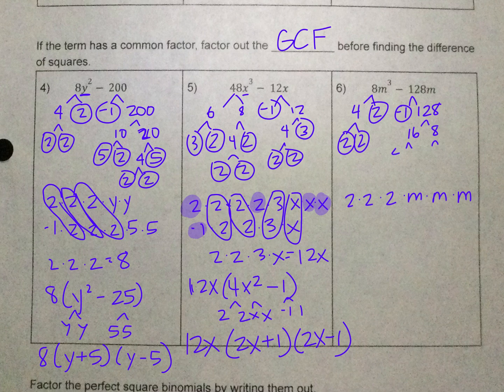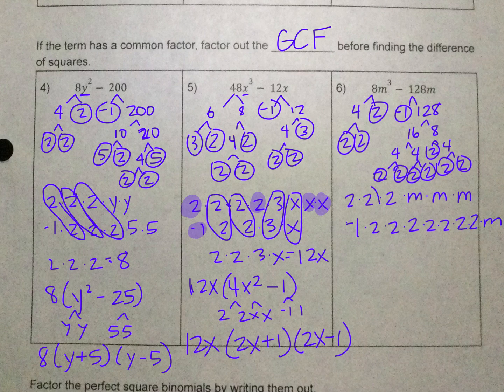The 16 is a 4 and a 4, and a 2 and a 2, and a 2 and a 2. 8 is 2 and 4, and 2 and 2. Ooh, a lot. All right, so I've got 7 2s, negative 1, and an M.